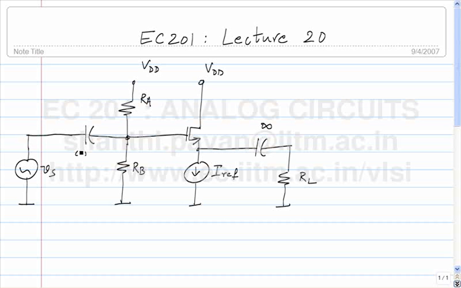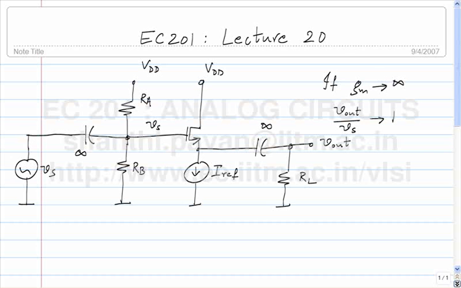The quiescent current through the transistor is stabilized to be equal to IRF irrespective of the threshold voltage of the device. What we saw was if the GM of the transistor tends to infinity, then Vout by Vs tends to 1.